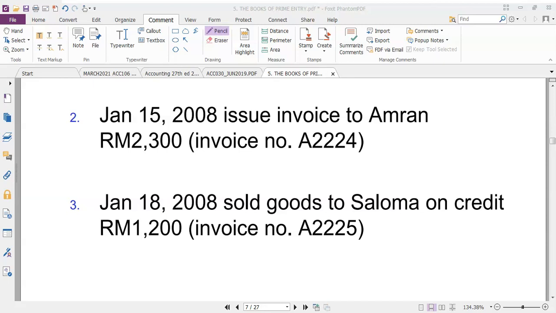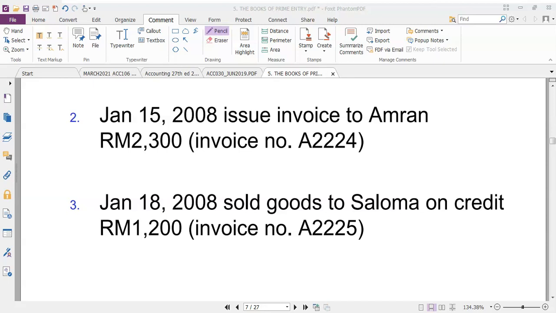Bentuk sales invoice. Macam mana nak present kan? Saya present. Okay, this is sales invoice.